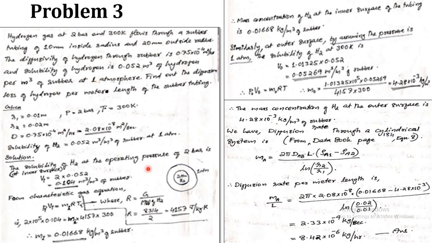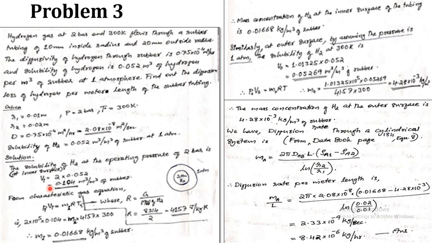That is equal to 2 into 0.052, so you will get 0.104 meter cube per meter cube of rubber. That is the solubility of hydrogen in rubber.